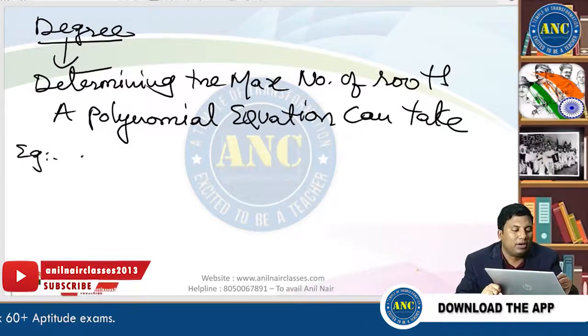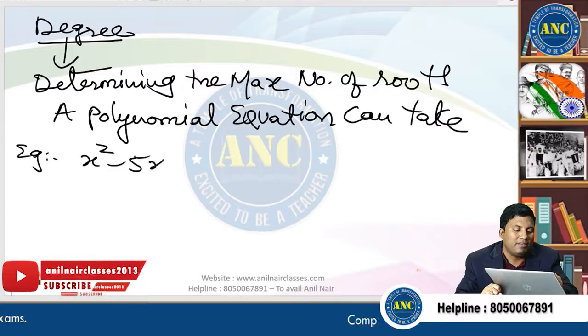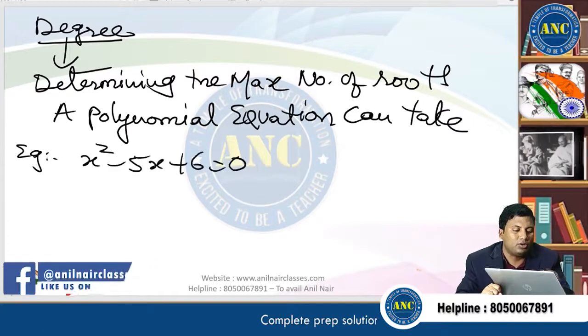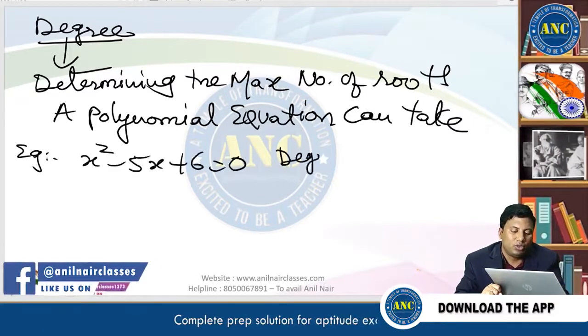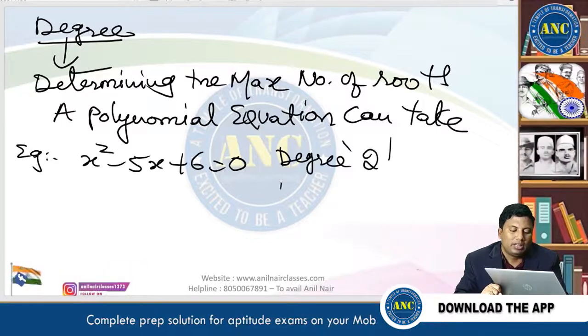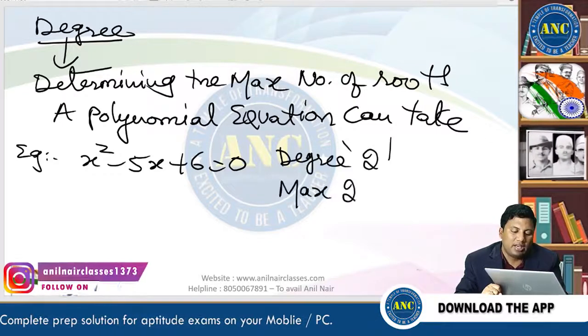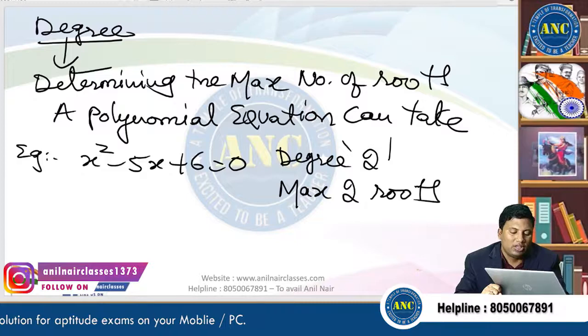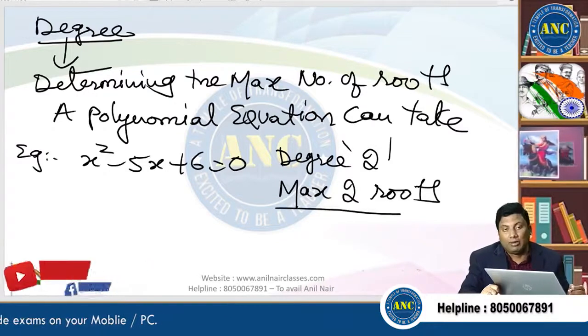For example, x square minus 5x plus 6 equivalent to 0. Degree is 2. That means this equation has maximum 2 roots.